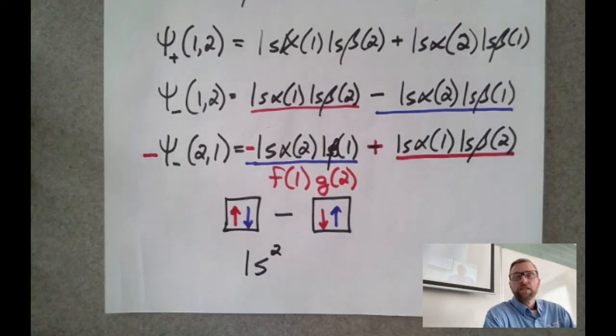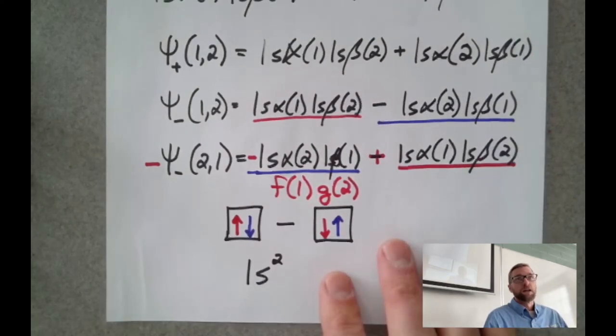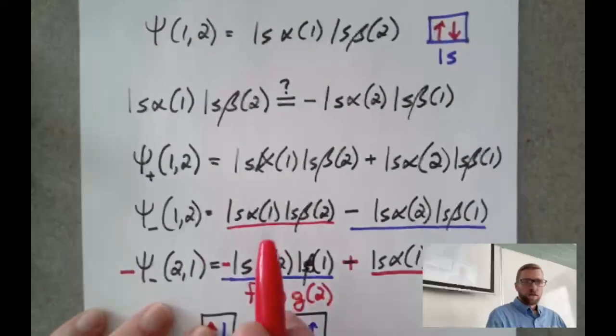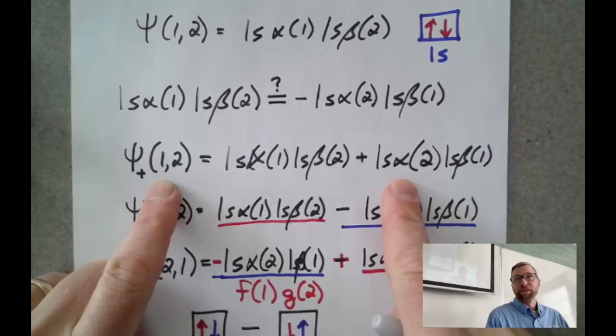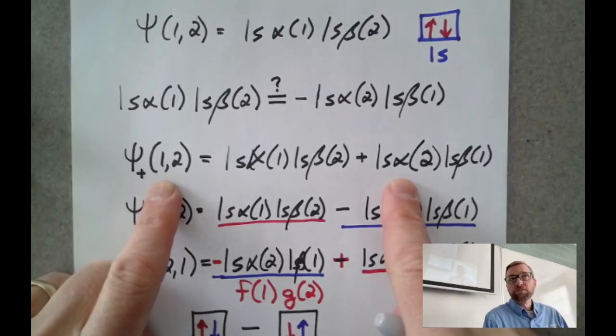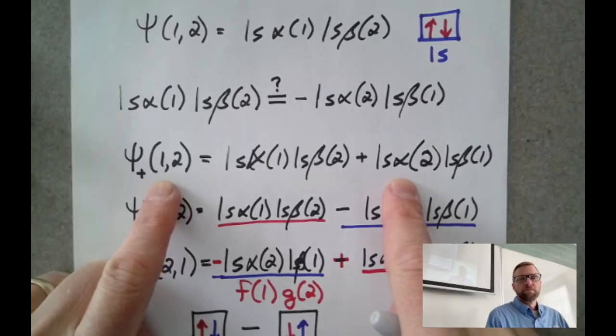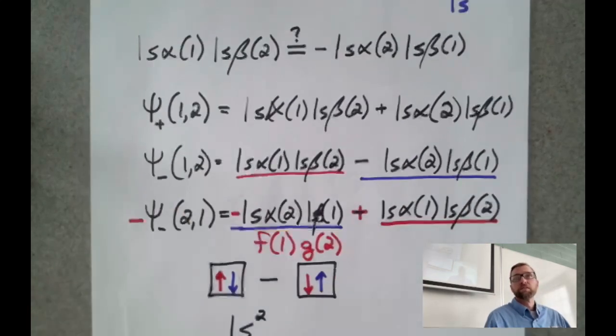Yeah. So if electrons were bosons, which they're not, this would be the wave function right here. You would add them together, and that would be symmetric. But they're not. They're fermions, so you've got to go with this one. Okay, it's good.